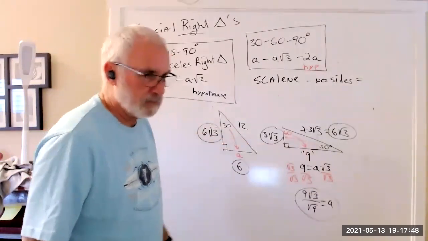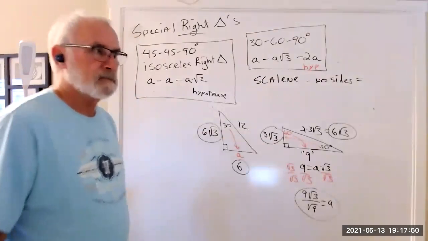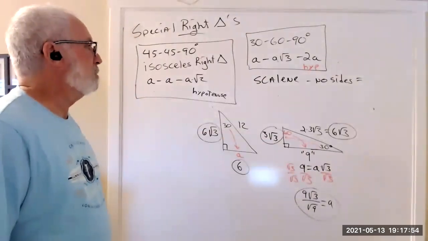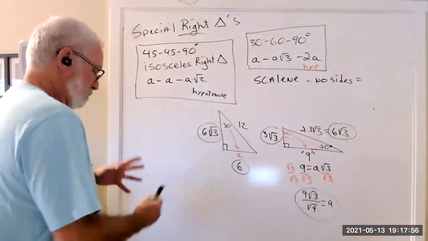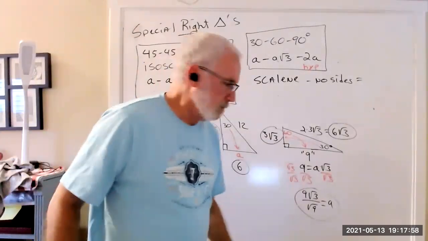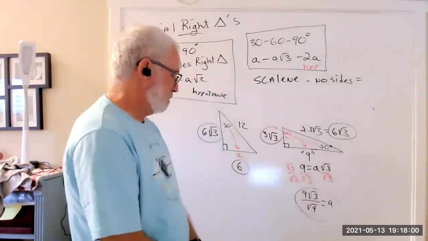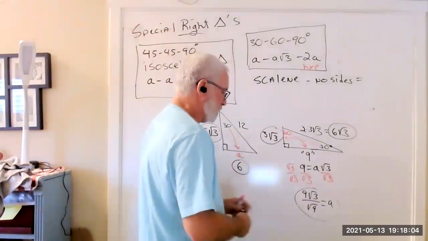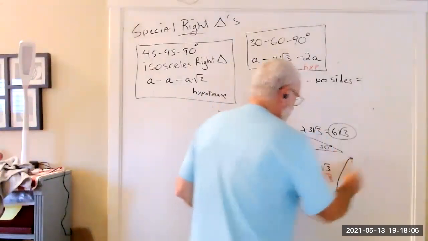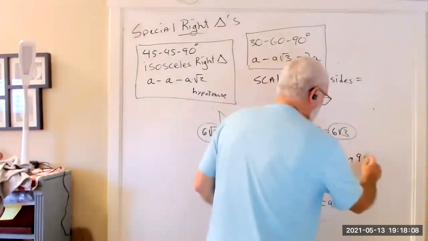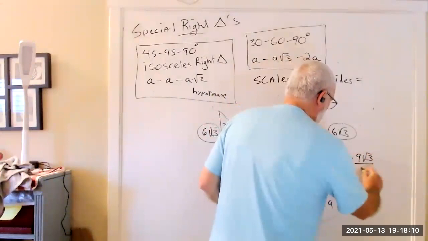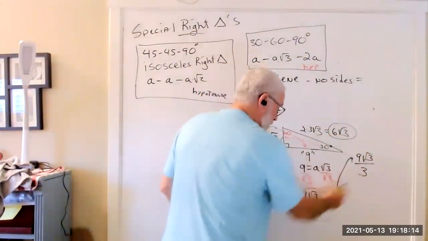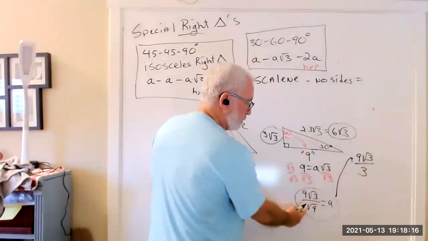Okay, anybody else? Wouldn't it just be 3? Oh, gosh. Say again. So from here, this becomes 9 radical 3 over 3, because the square root of 9 is 3.